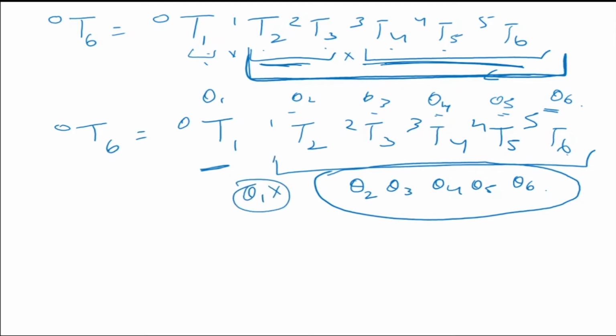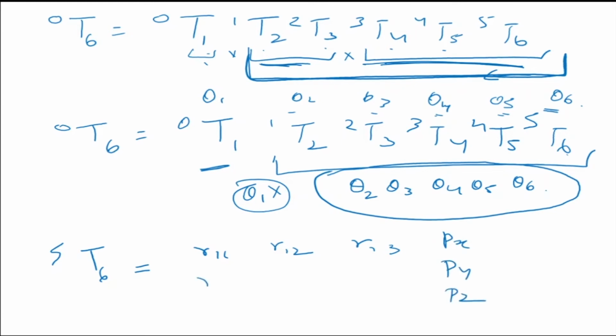Why? Because I'm multiplying from T1 to 2 up to T5 to 6. So if you multiply it like this, we get this matrix. Let me call this T5 to 6. T5 to 6 is R11, R12, R13, R14. Let's call this my Px, this is my Py, and this is my Pz.